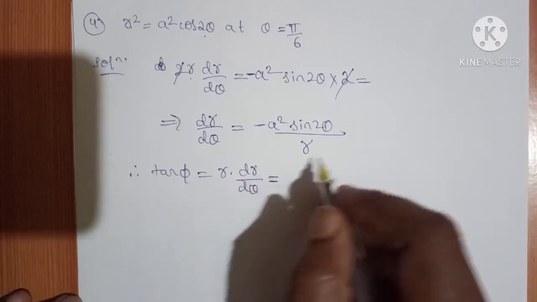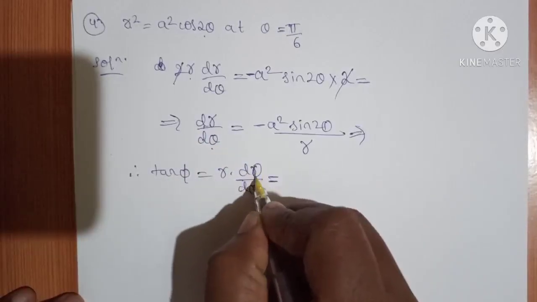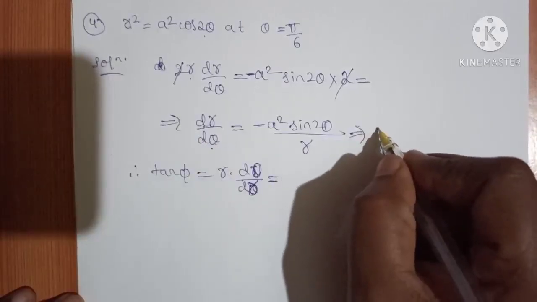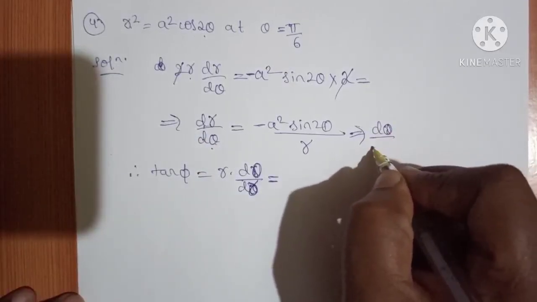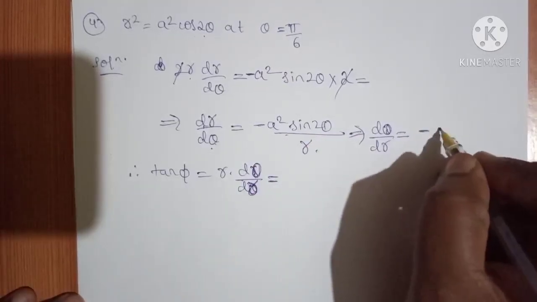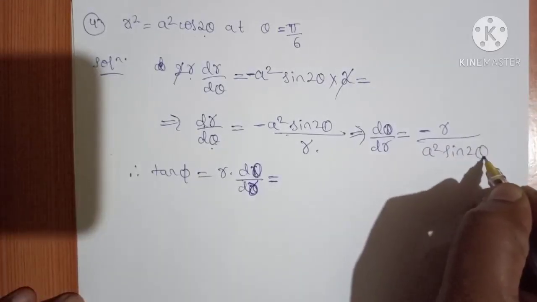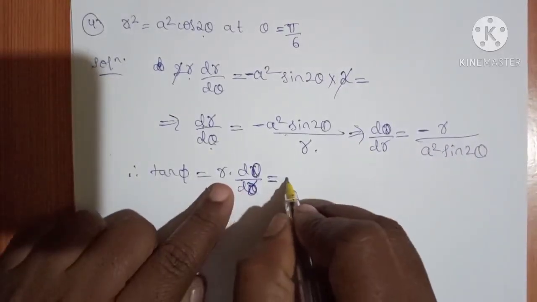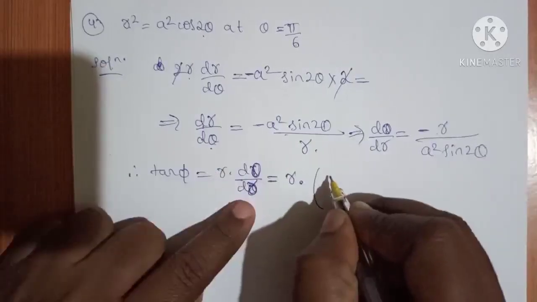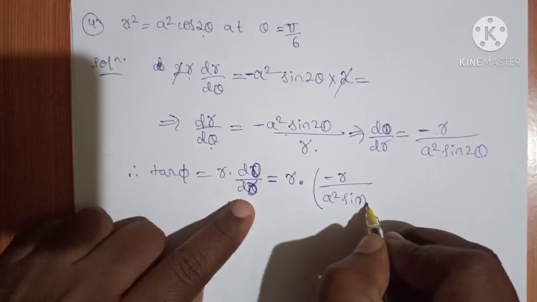Here we take the reciprocal of dr by d theta. Sorry, here we have d theta by dr. Taking the reciprocal, we get d theta divided by dr equals minus r divided by a square sin of 2 theta. Therefore we keep this r as it is, into d theta by dr value, which is minus r over a square sin 2 theta.